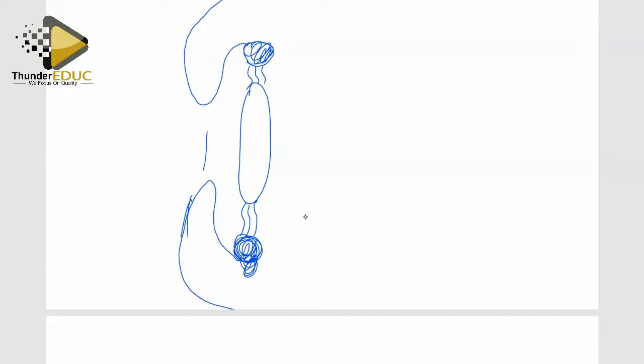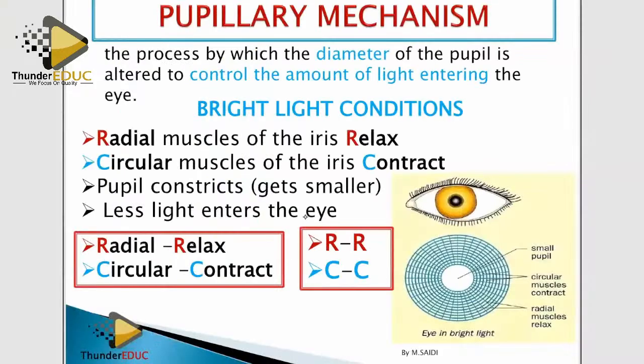The function of the iris is to adjust the space, either to be bigger or to be smaller. The ability of this iris to change this space, which we call the pupil, is what we call pupillary mechanism. It comes from the word pupil.